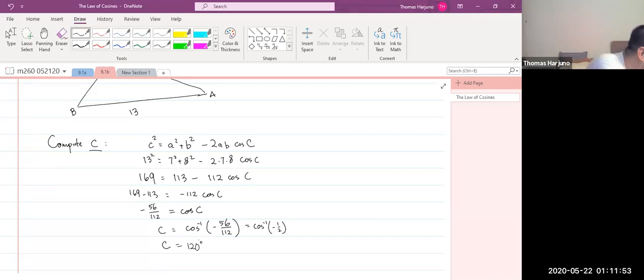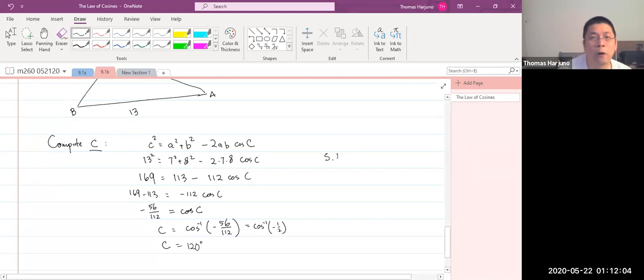Okay? With this said, then I can ask you to do some problems regarding that. Suggested homework from 9.1b, the law of cosine case, from number 19 to number 33.